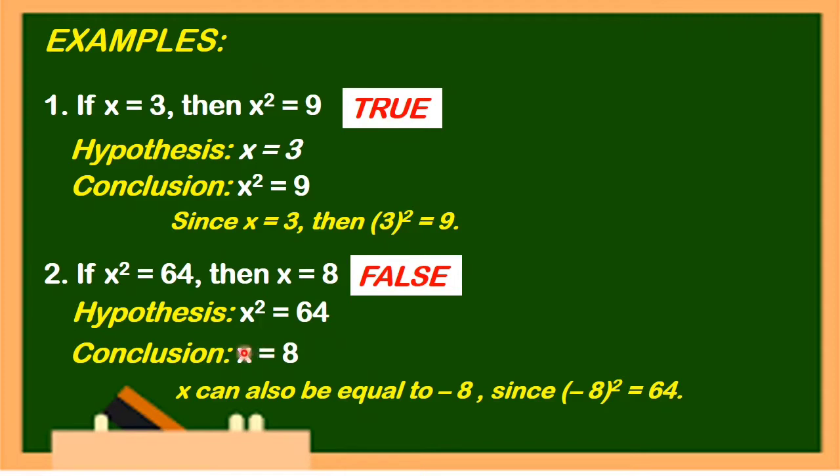Where your conclusion, when x is 8 or positive 8 and multiply it by itself, that is 64. But you can also have negative 8. The x can also be equal to negative 8 since the square of negative 8, or negative 8 times negative 8, is also equal to 64.